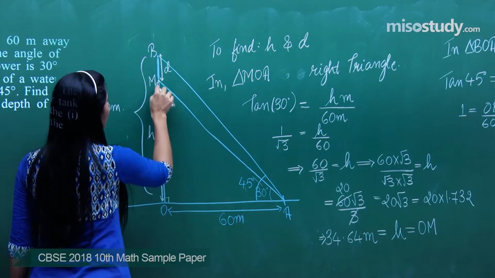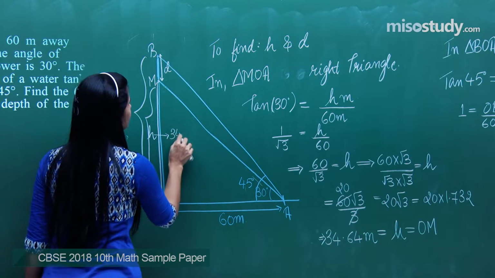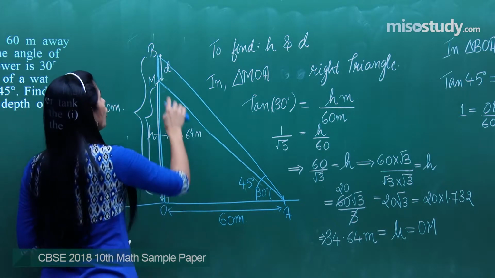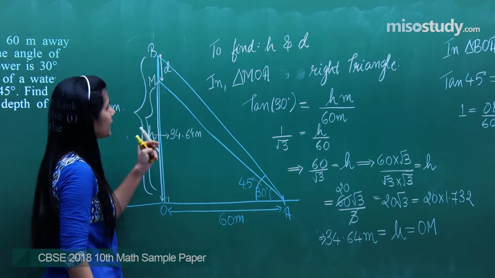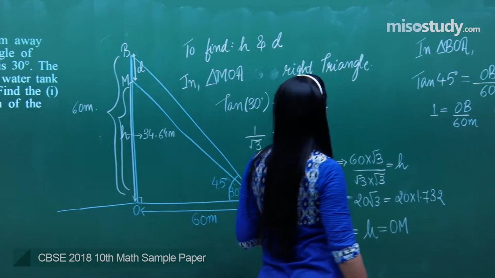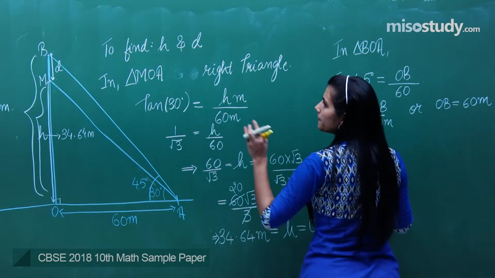Whereas from M to O, this H you have as 34.64 meters. Can't you then find out the length of MB, which is nothing but your depth D? Of course you can. Therefore, what will be the length of D, which is BM?